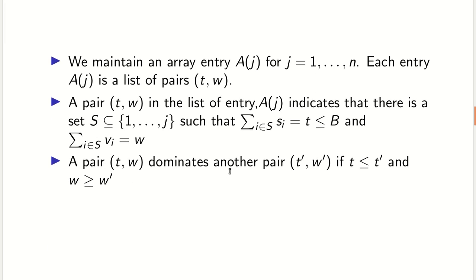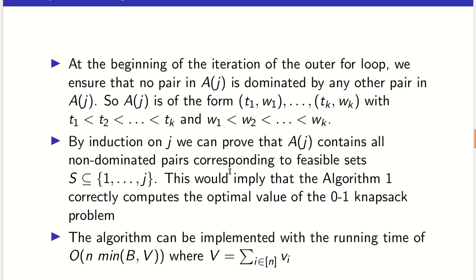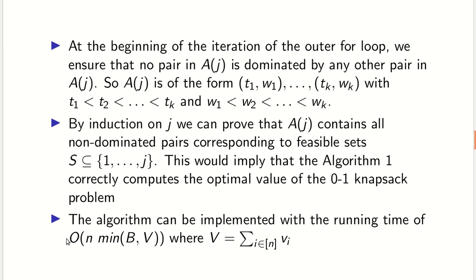But in this algorithm, we'll show that the running time is order n times the minimum of B comma V, where V is the sum of values of all the items.